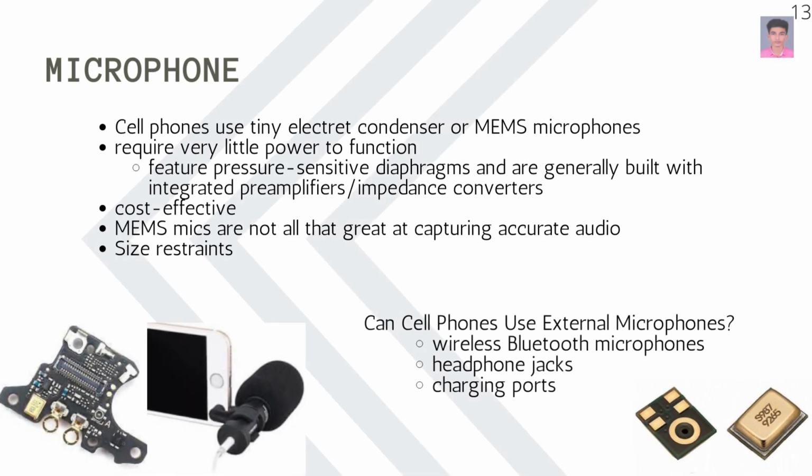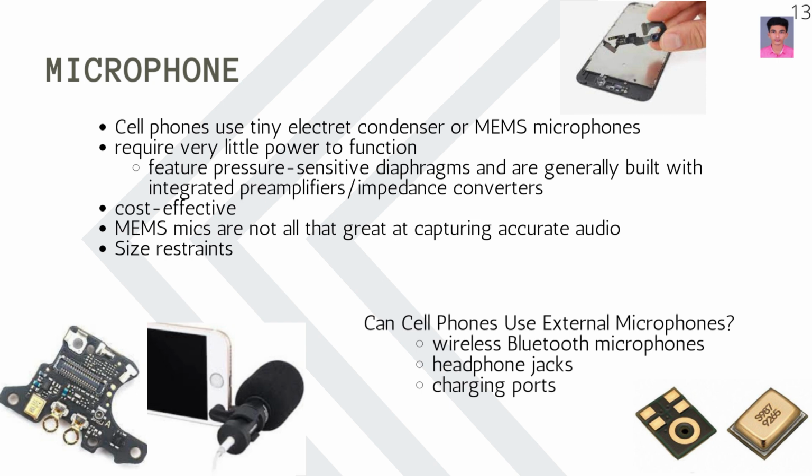Then comes the microphone. A microphone is also a sensor, but it is very important compared to the other sensors because we use mobile handsets for calling, which means using the microphone. So cell phones use tiny electric condenser or MEMS microphones.